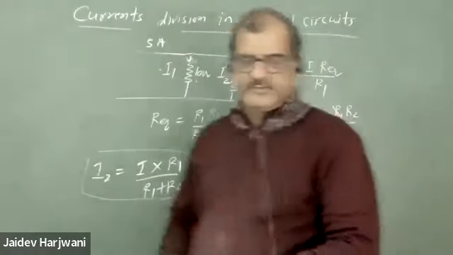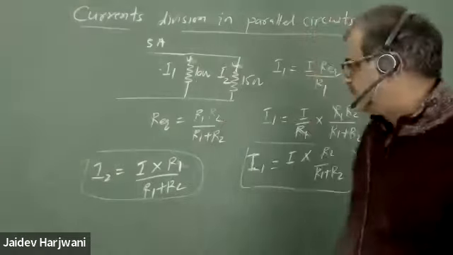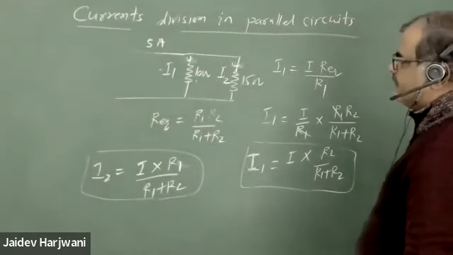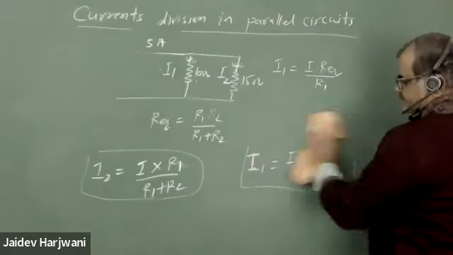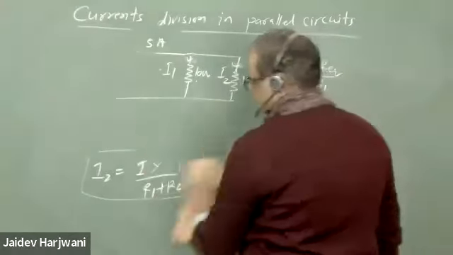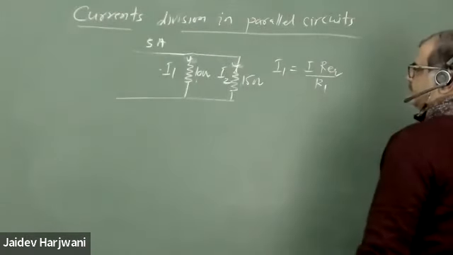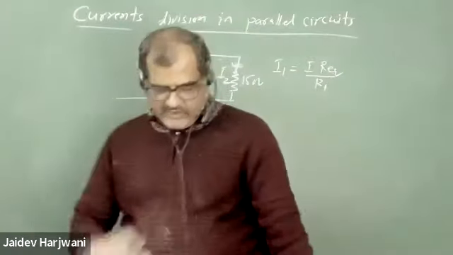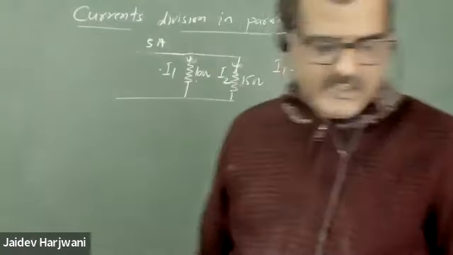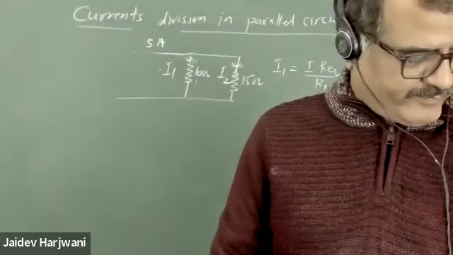Please calculate I1 and I2. If I'm moving fast, please stop me, because these are very simple things. I hope I1 is 3 ampere and I2 is 2 ampere.